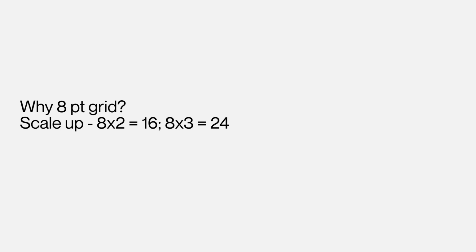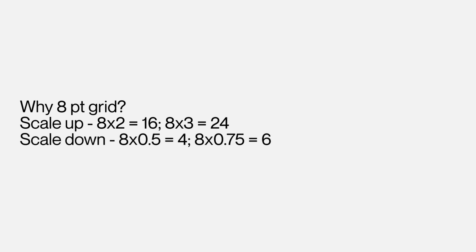But it's not just about scaling up. What is great about 8, you could think about other even numbers like 6, right? You could multiply 6 by 2 or 6 by 3, and you still get even numbers. But the unique thing about the 8-point grid is that you can really scale down very well as well. If you scale down by half, it gives you 4, or if you scale down by 3/4 or 1/4, it gives you 6 points, right?